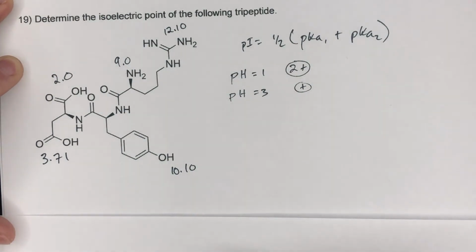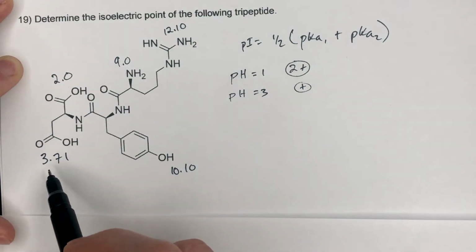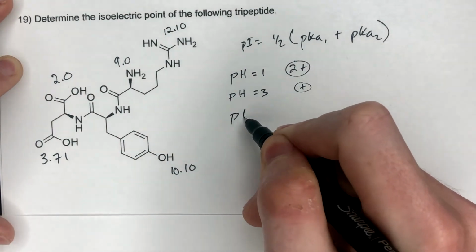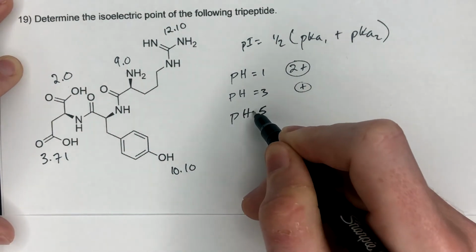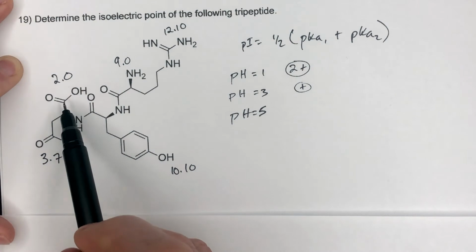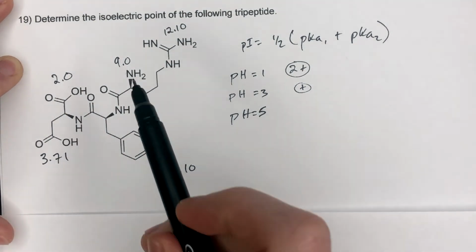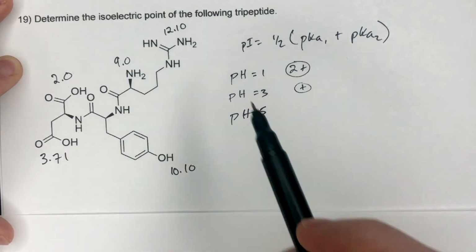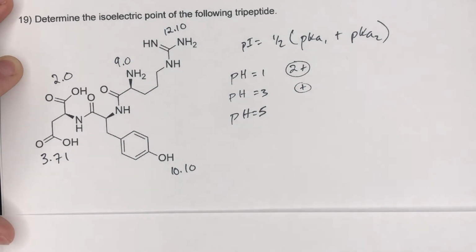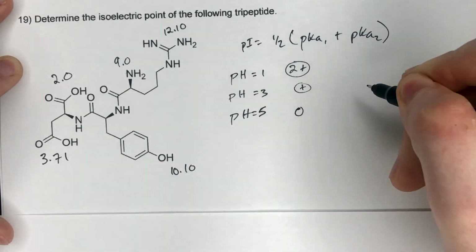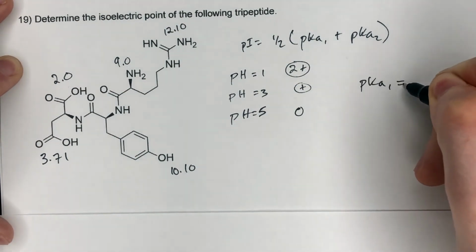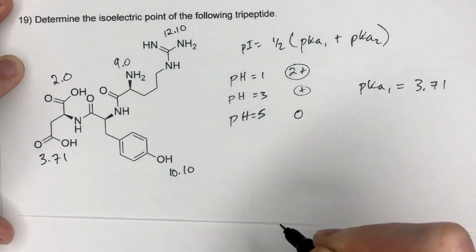So positive 1. Now above this pKa, so pH of 5, let's say, this is going to be neutral now, right? Because it's negative, negative, neutral, positive, and positive. That's 0. So our pKa1 is 3.71.